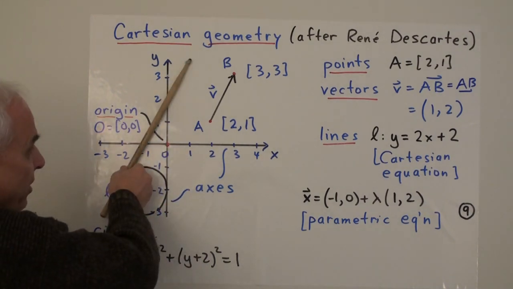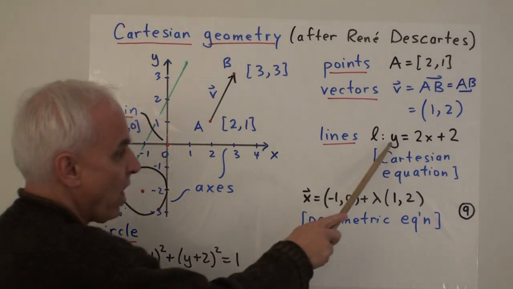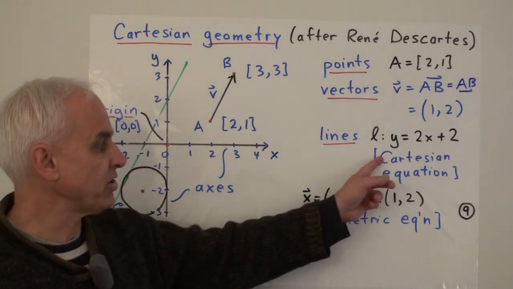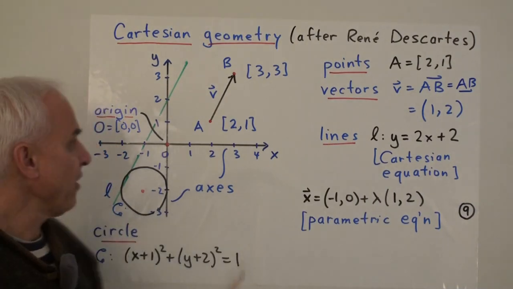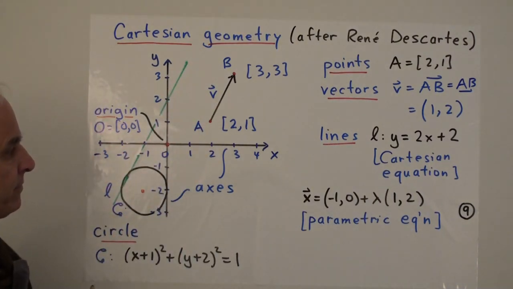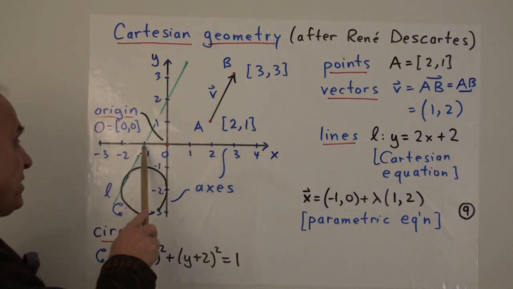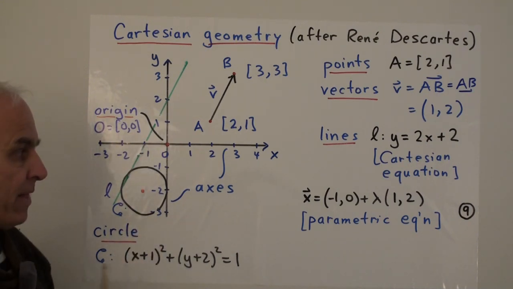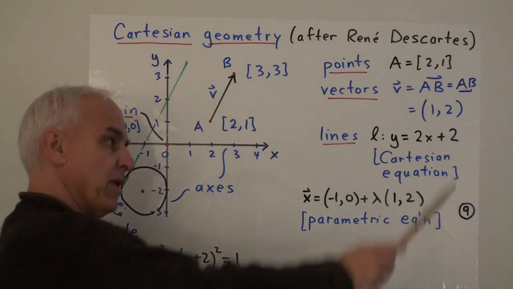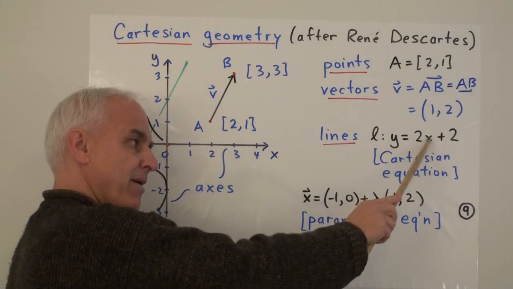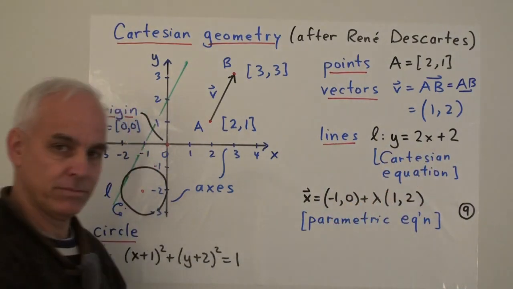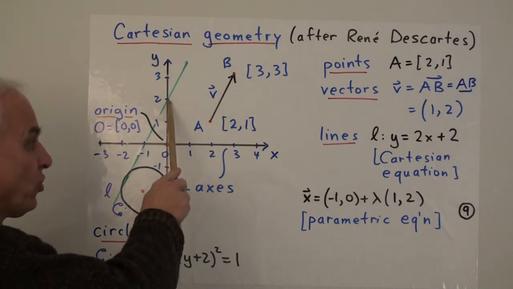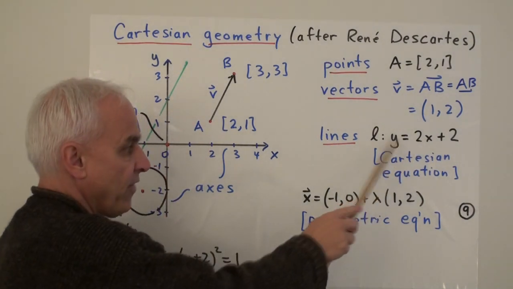This line here happens to have equation y equals 2x plus 2. We say this is the Cartesian equation for this line. And we can check that, say, this point here, which has coordinates [-1, 0], satisfies the equation. If you plug in x equals -1, then you get 0. And this point here, which has coordinates [0, 2], also satisfies the equation.